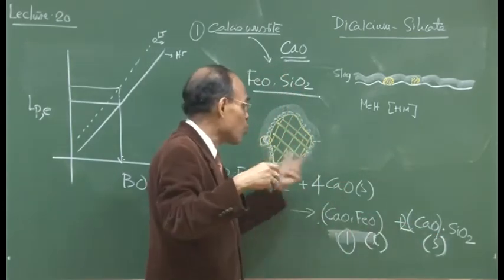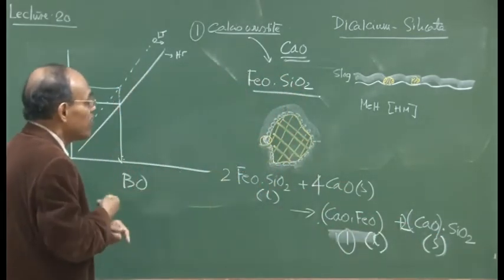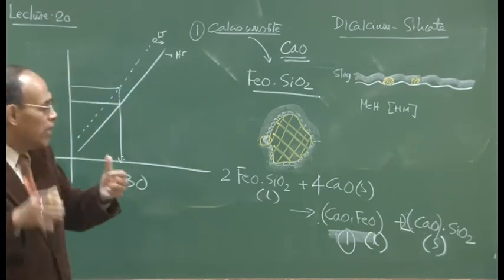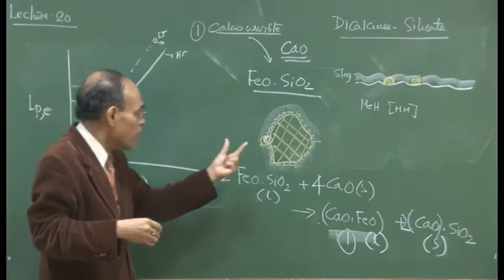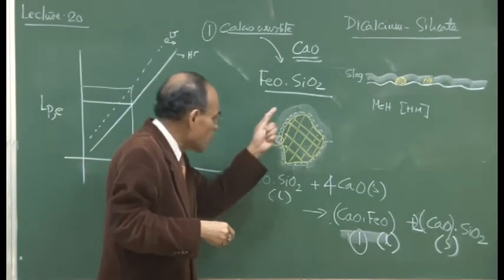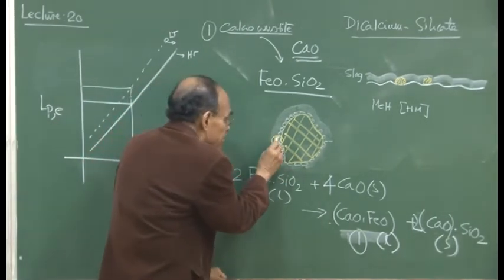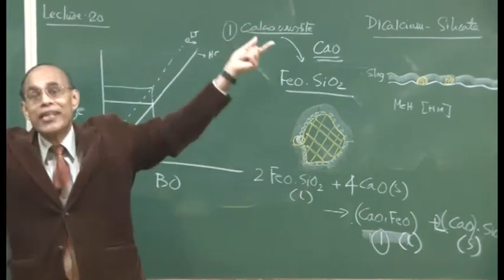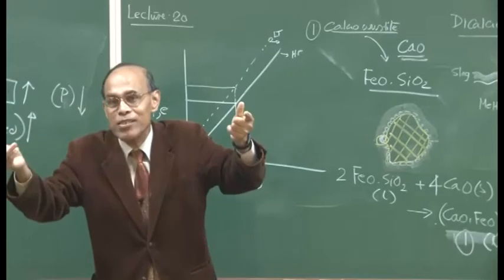We will see that when we talk about slag chemistry and the ternary phase diagrams. If you can control your temperature and your composition very correctly, it is possible to generate a liquid here. The moment you generate liquid, it is going to be separated from the solid because of the agitation present there.